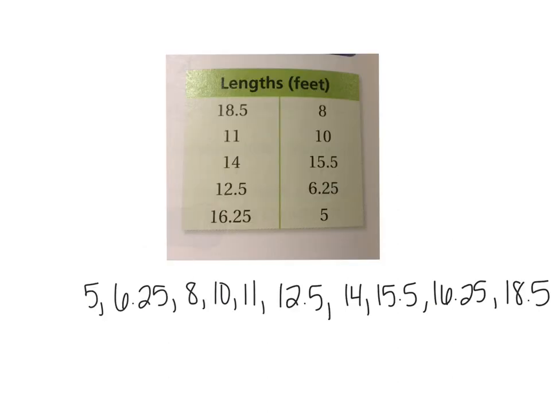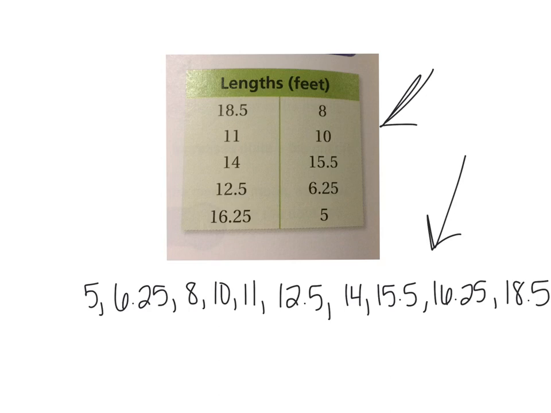Let's quickly do an example to find the range. These are the lengths in feet of several pythons that were captured for a study. I wanted to find the range of their lengths. So I took the data from the table and I ordered it from least to greatest.